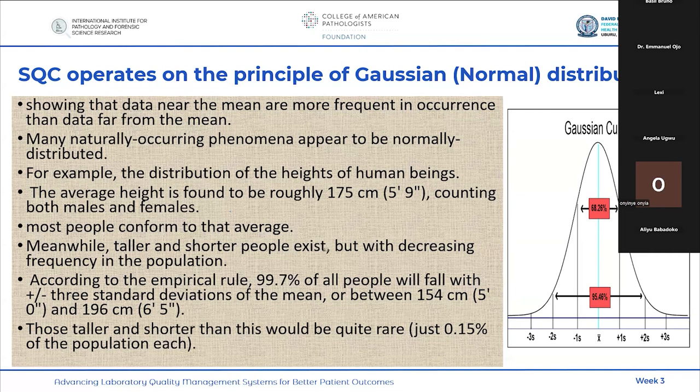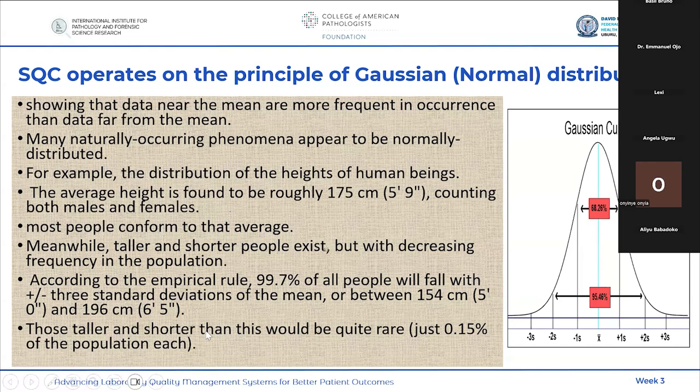So what this tells us is that if you have any QC value that fell outside of this specified range, it means that it has disobeyed the principle of normal distribution.